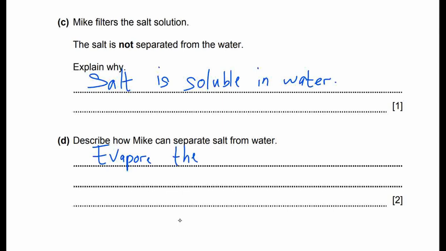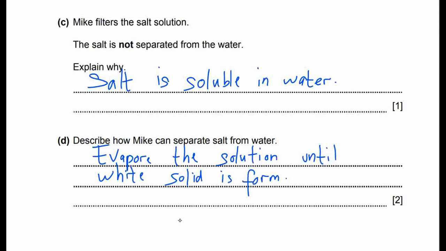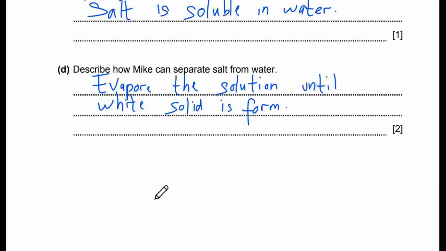Evaporate the solution until white solid is formed. So the white solid is the salt crystal. Mike can leave it in an open space and the water will evaporate after some time.